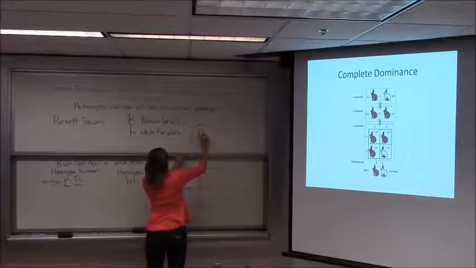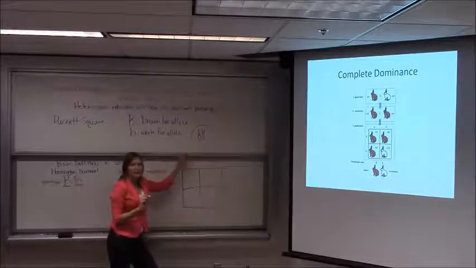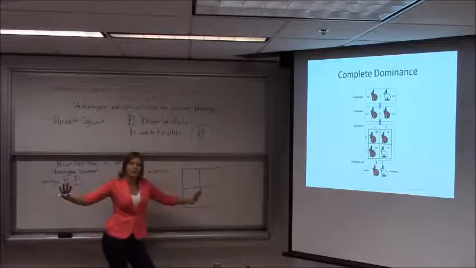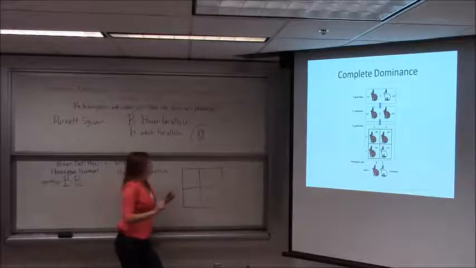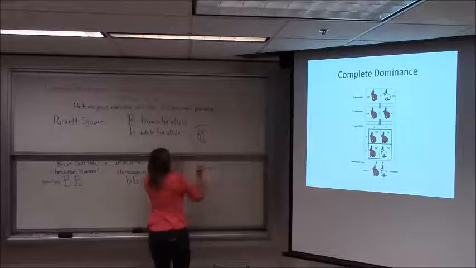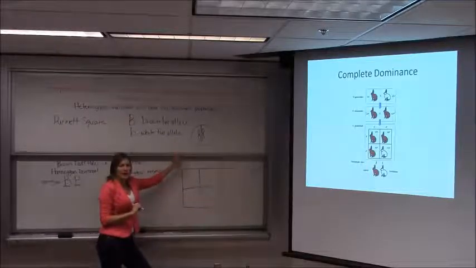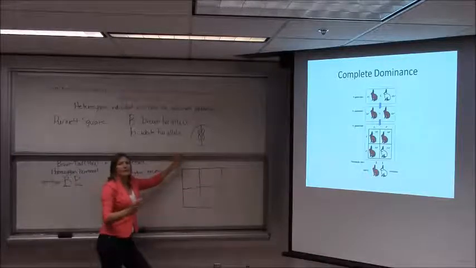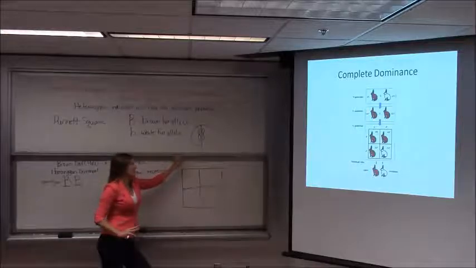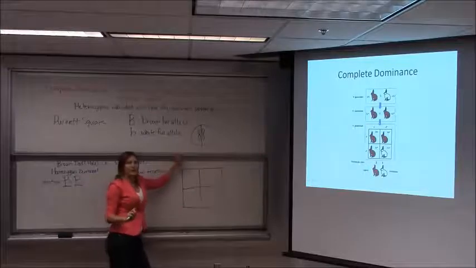And remember that when these go through meiosis, first thing they did was separate the homologous pair into two different cells, and now they're going to pull the sister chromatids apart. But by the time we're done, 50% of the gametes on average are going to have one trait and 50% are going to have the other trait. Unless some get damaged along the way, whatever. But you're going to have 50% of your eggs having one allele and 50% having the other allele.